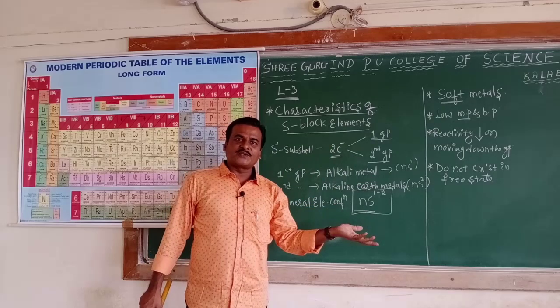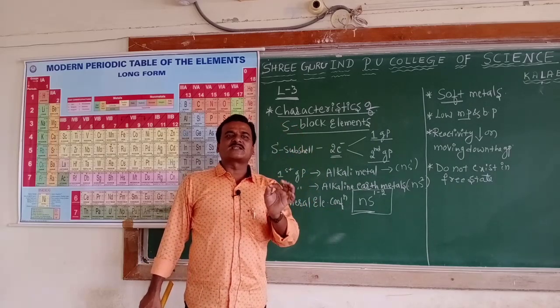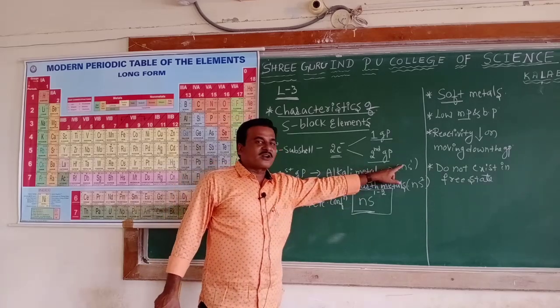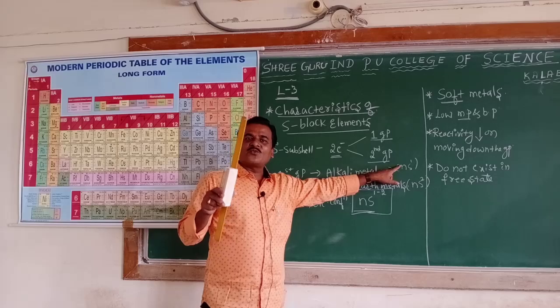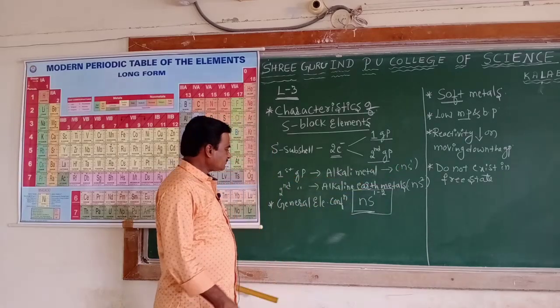As in the last video we said, all the elements in a group possess similar chemical properties because they contain the same number of electrons in their valence shell.